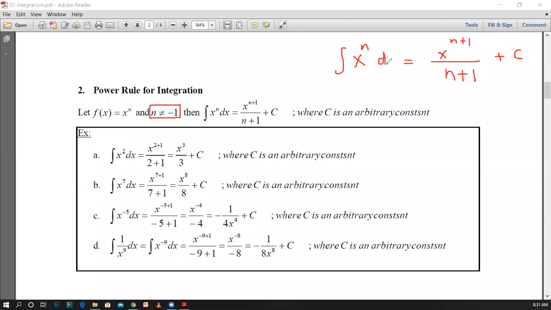What we have to do is, here you can see the form of x to the power n. First of all you write x to the power, then n plus 1, x as it is, then n plus 1 would be the power. It means 1 is added to the existing power and then divided by the value that you are obtaining as the power, then add the arbitrary constant c.